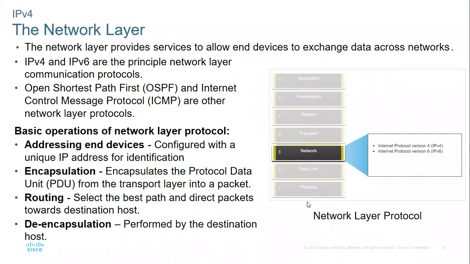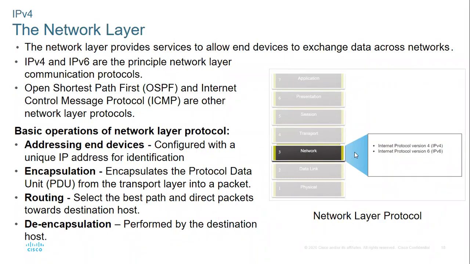Okay, so you see, we are moving upwards, okay? From Ethernet, we're moving upwards. From dealing with the frame, we are now dealing with the packets, okay? So this is the network layer.